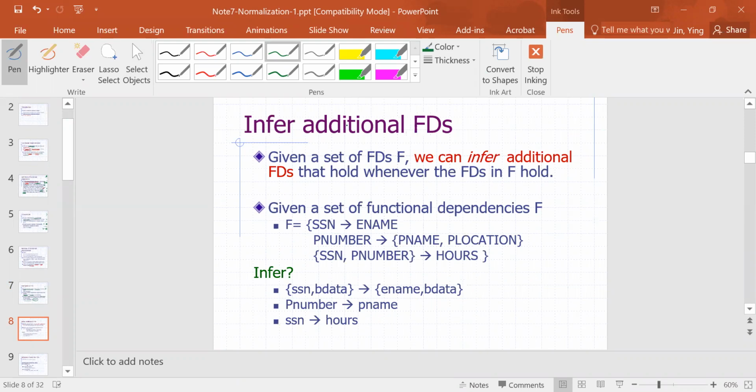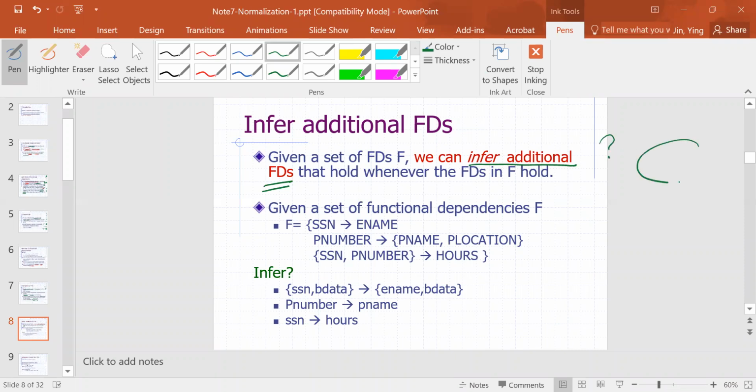So when we have a set of functional dependencies, which we basically get from requirements, can we infer additional functional dependencies or not? This is the basic question.